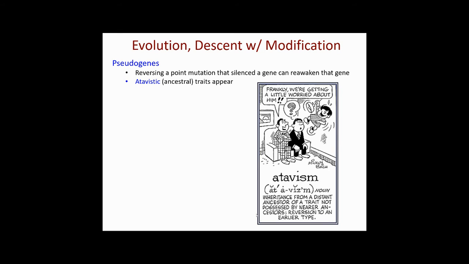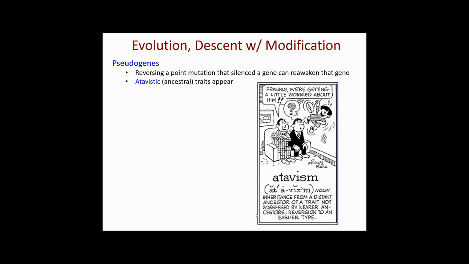Continuing a discussion on pseudogenes, if we are able to reverse a point mutation that silenced that gene and turned that paralogous gene into a pseudogene, we can essentially reawaken or reactivate that gene. When this occurs, atavistic or ancestral traits can appear.